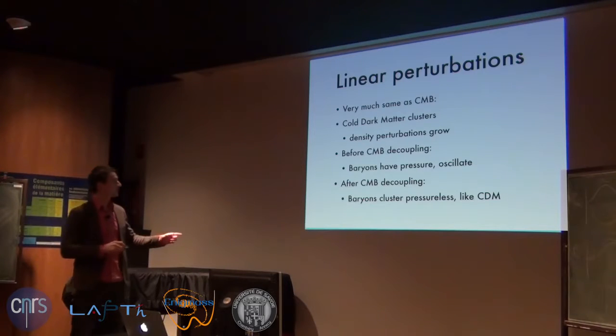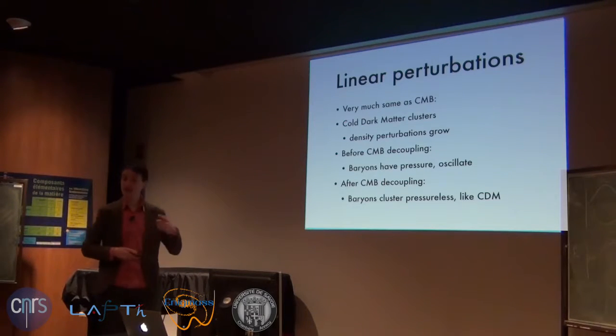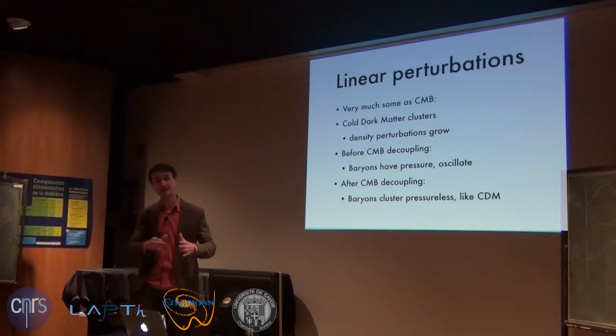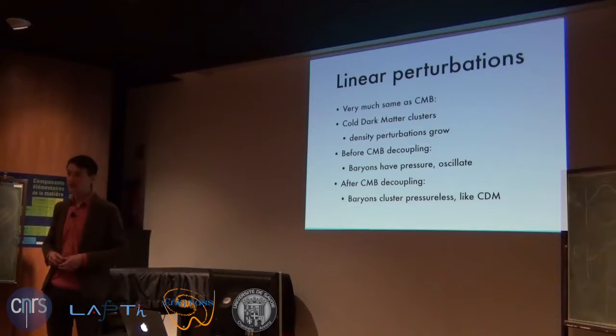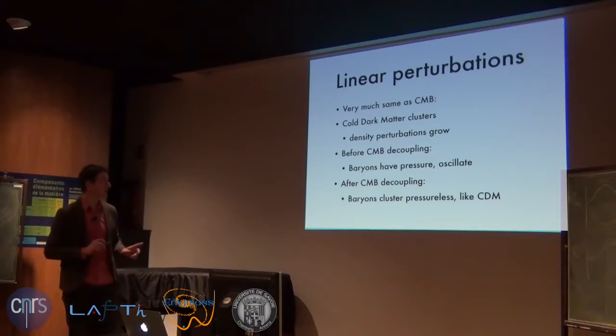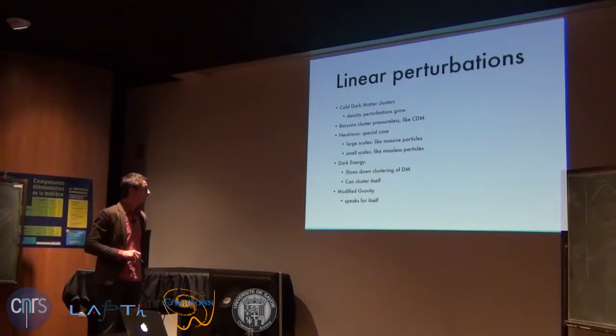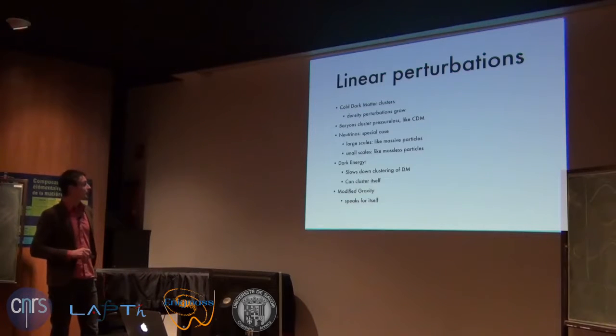Up to the point, of course, where you're no longer talking about linear perturbations, but where the baryons reach such high densities that they again heat up and form a plasma, like in galaxies. But that is not linear perturbation theory anymore. So, these two points are from the previous slide: cold dark matter clusters, baryons cluster without pressure, and fall into the cold dark matter when the photons decouple.